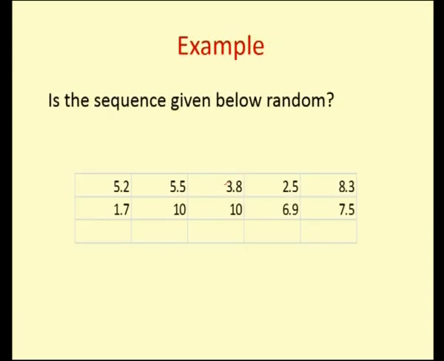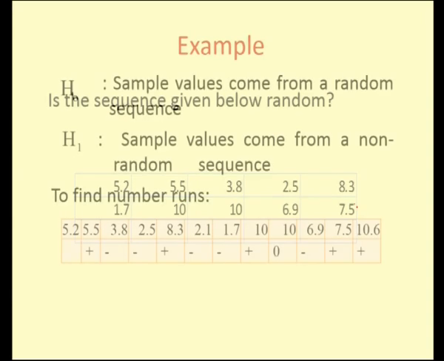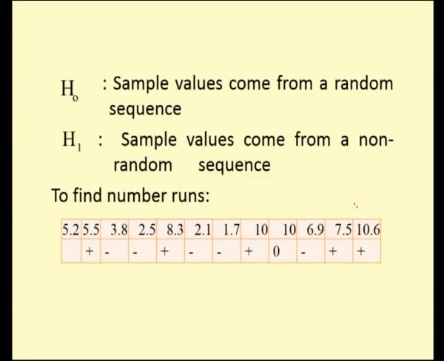Let us discuss this through an example. Given a sequence, we have to check whether the sequence is random. These are the observations, from 5.2 to 7.5, nearly 10 observations are given. As we have stated in the run test, we have to check the randomness using the runs.